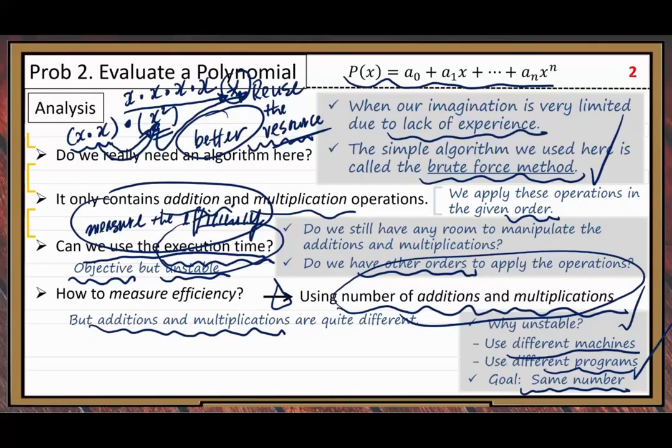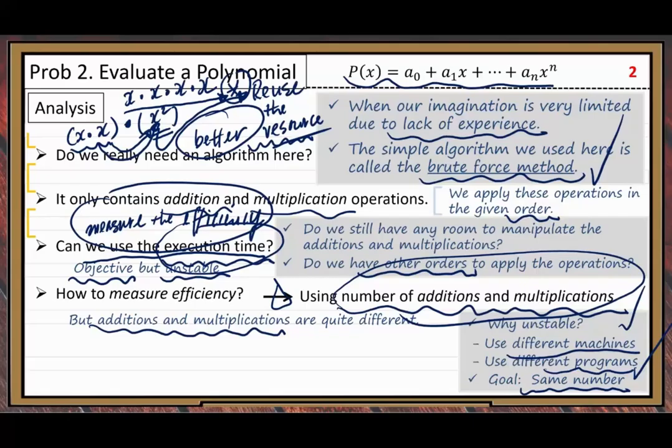Because an addition and a multiplication, they are quite different. When we run these two operations, the execution times for these two operations are quite different. We cannot simply add up their corresponding counting numbers. So we need to solve that problem, the counting numbers for different operations.